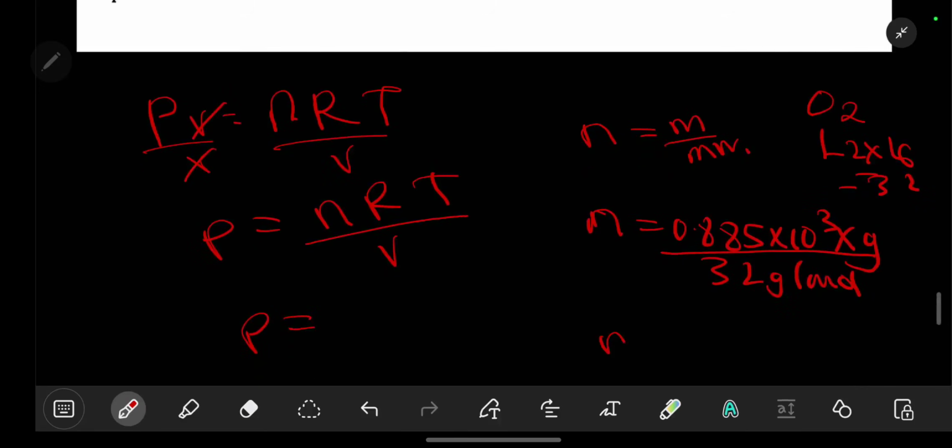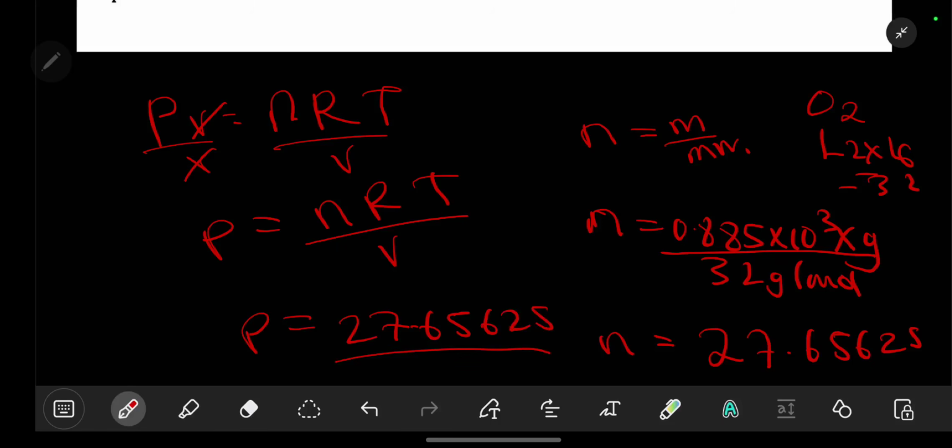So our number of moles will be equal to 0.885 times 1000, which gives 885 divided by 32. This is going to give you a value of 27.65625.